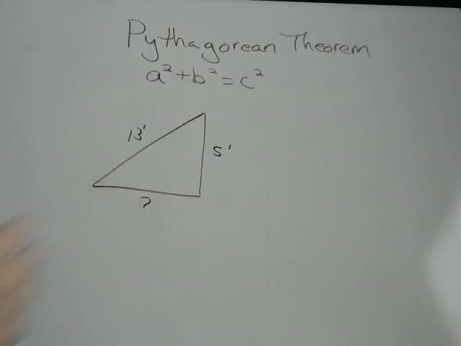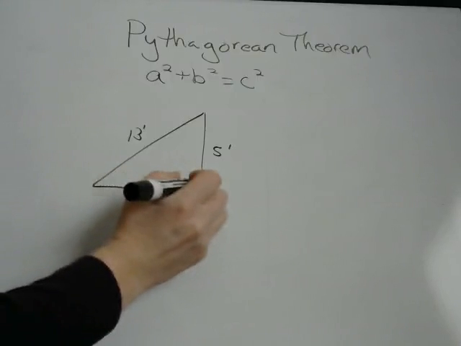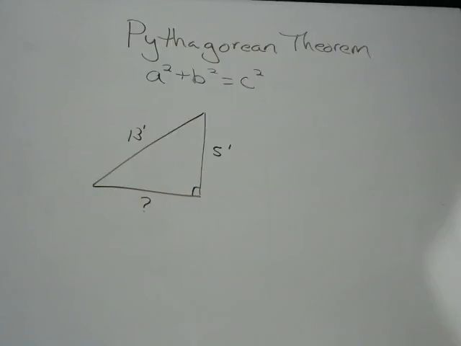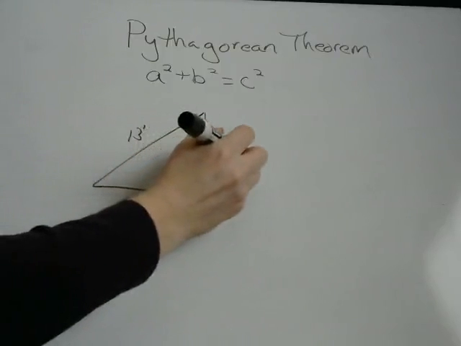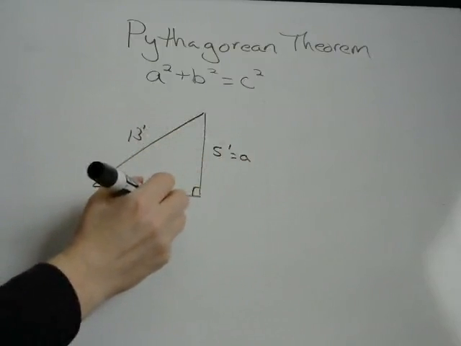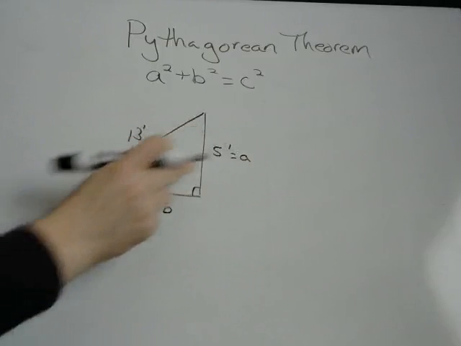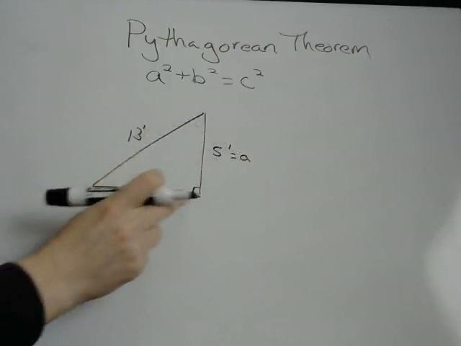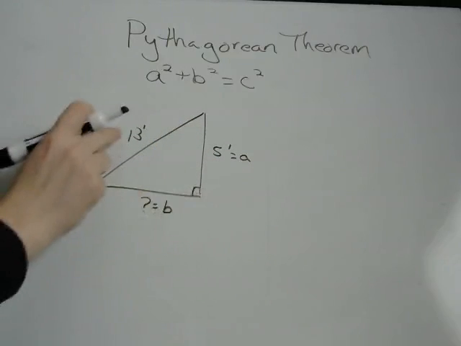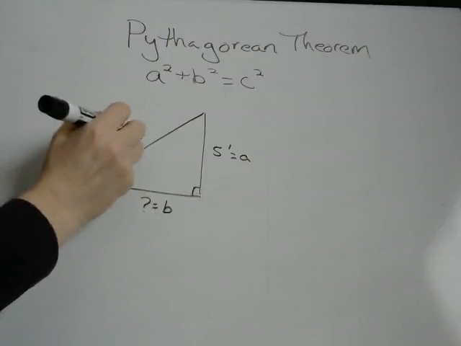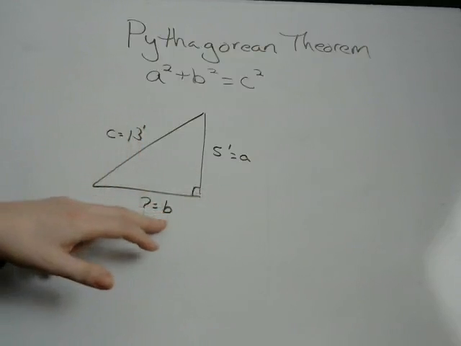So you're trying to figure out what this is. Remember, you need to set the problem up correctly. This is a right angle. We're going to call this A and this B. Remember that these have to be labeled A and B, the two legs adjacent to the right angle. This is C. We're trying to solve for B.